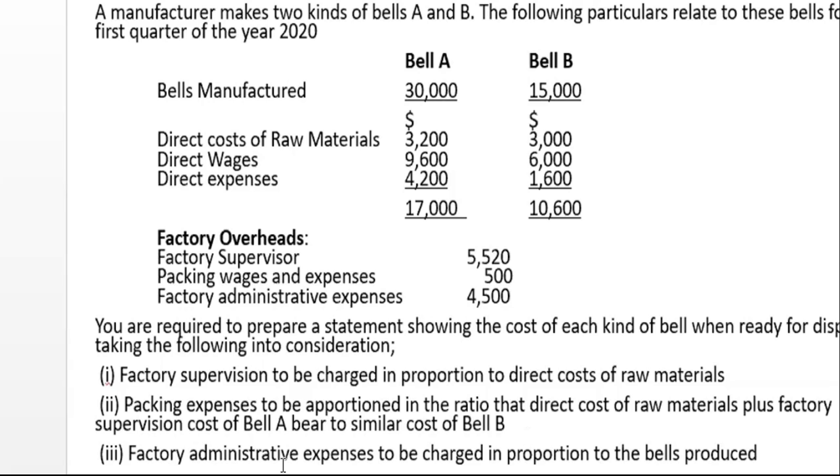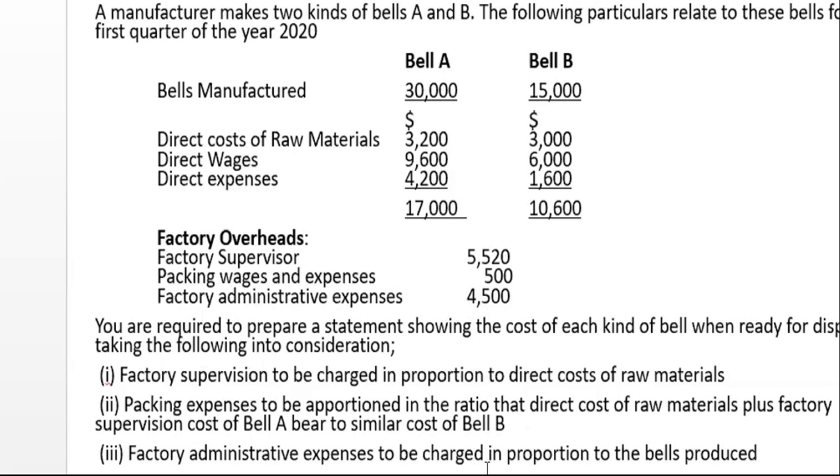Now, factory administrative expenses are to be charged in proportion to the bales produced. We know the number of bales produced: 30,000 and 15,000, giving us 45,000.